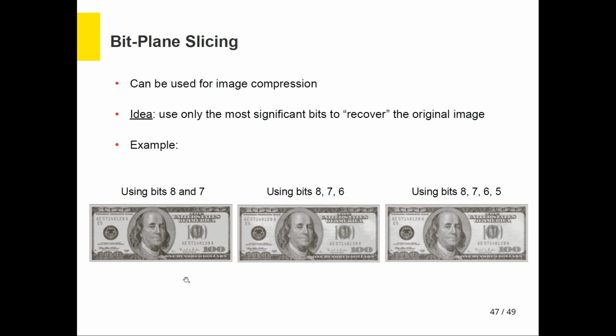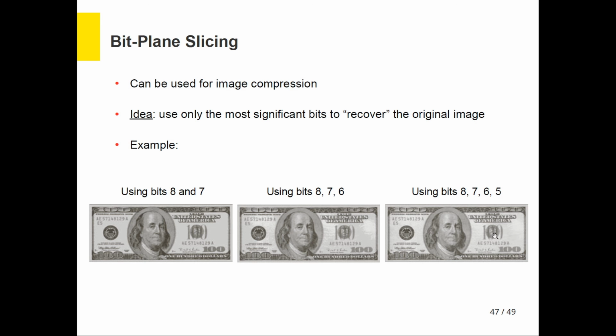While the image looks a lot like the original image, there are some fine details that are missing here. If we use bits 8, 7 and 6, now more details are visible, but the result still suffers from false contouring.